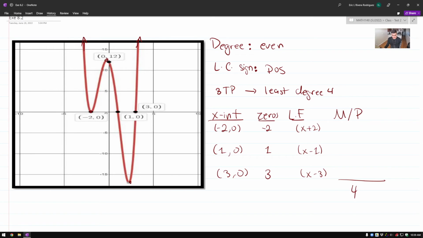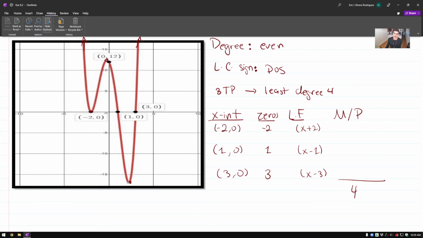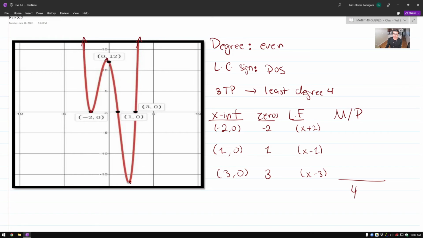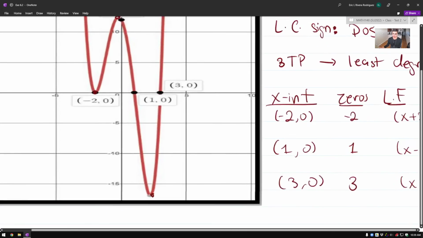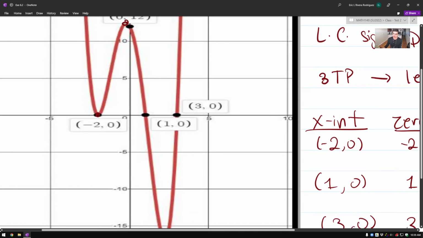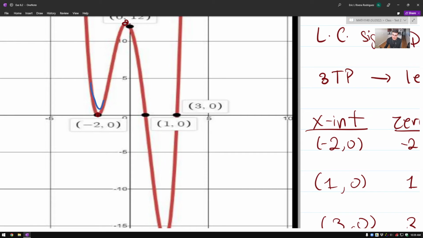The first thing, before getting to the actual value of the powers, we need to see the behavior of each x-intercept. At the x-intercept of negative 2, 0, the graph bounces, it touches the x-axis.